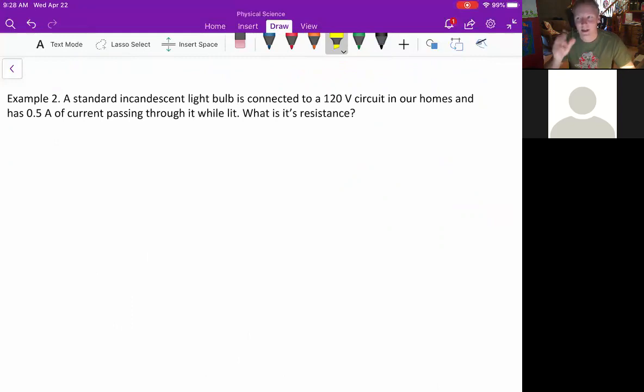This is the standard screw-in bulb that you have in lamps and light fixtures. We're switching more over to LEDs, which is saving a ton of energy, but this has been a standard for a long, long time, and you probably still have some in your home. So in this case, we've got 120 volts up here, which is clearly a voltage, and 0.5 amps of current. Current is abbreviated with I.